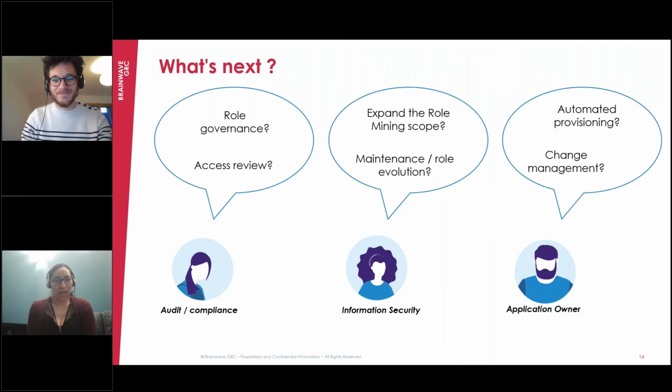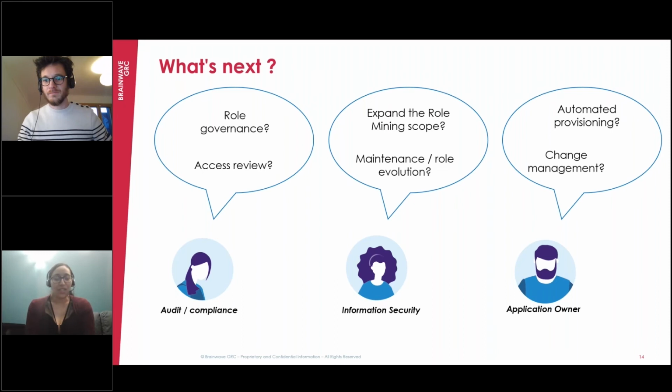Sure. So after what we've seen, if you manage to come up with a role model that can be exploited quickly after the project steps we advised you, you may think of what's coming next, what you can do beyond just creating a role model for your organization.